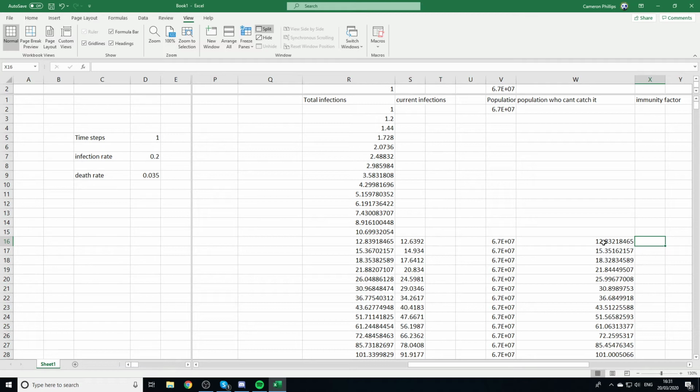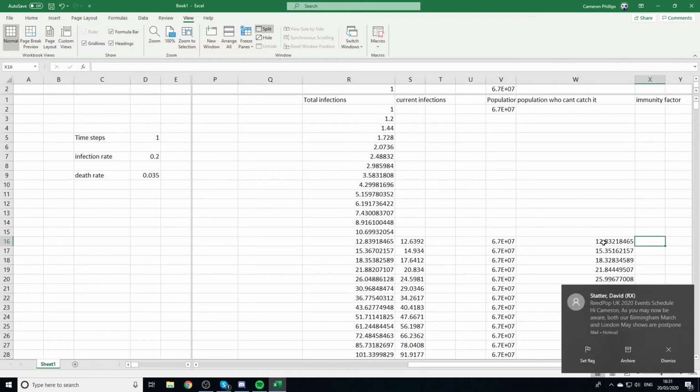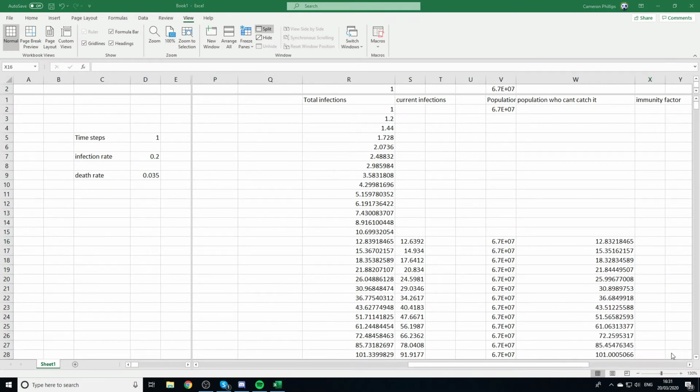What is the percentage of the population, therefore, who can't get it? Well, that's very easy. It's this small number here divided by this big number here. So it equals this small number divided by the much bigger number, and that comes out with a tiny figure.